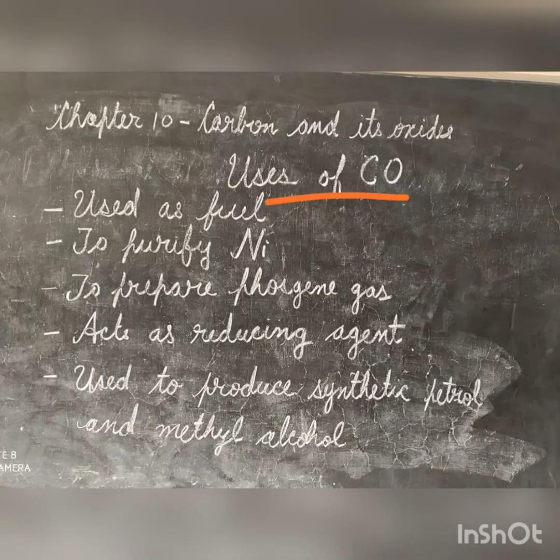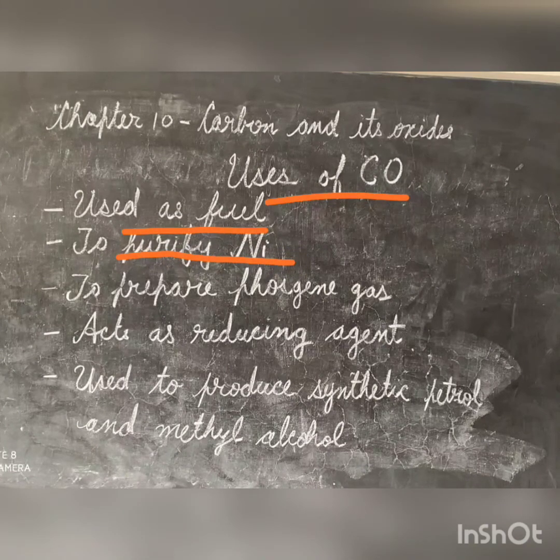Uses of carbon monoxide. It is used as fuel and is present in gaseous fuel mixtures such as producer gas, carbon monoxide and nitrogen; water gas, carbon monoxide and hydrogen; and coal gas, carbon monoxide, hydrogen and methane. It is used to purify nickel.